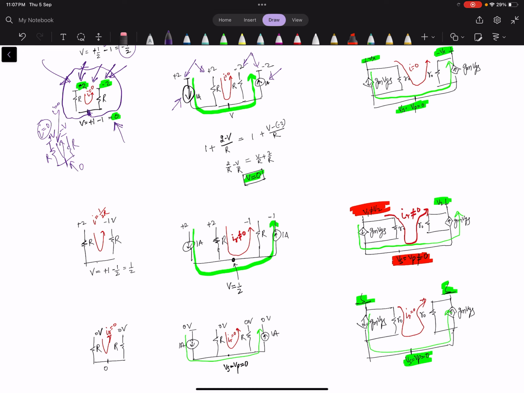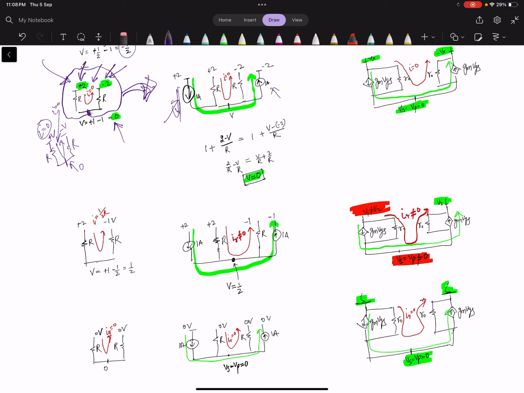See the difference. From here to here I have added one current source on both sides in opposite direction.